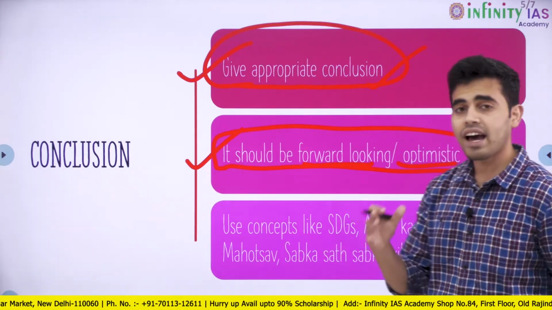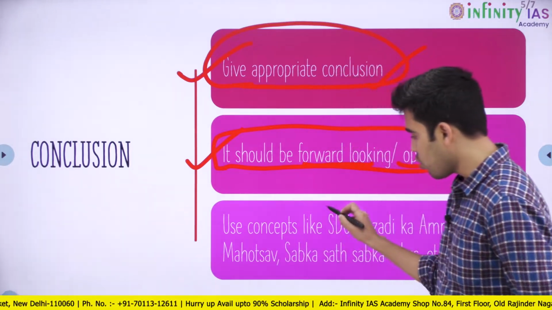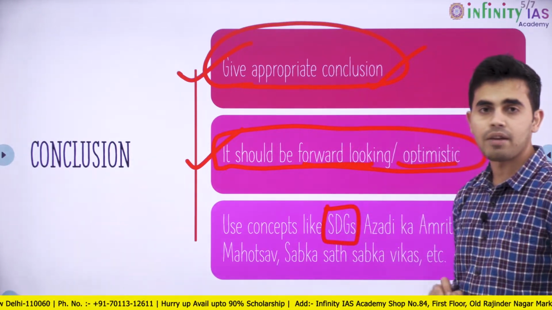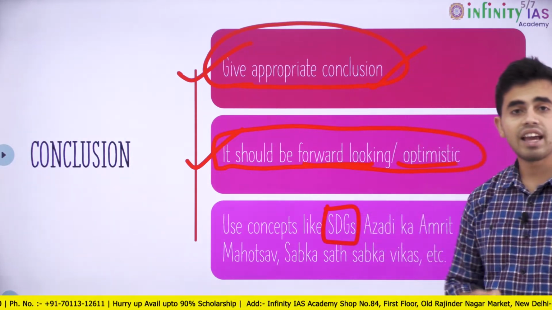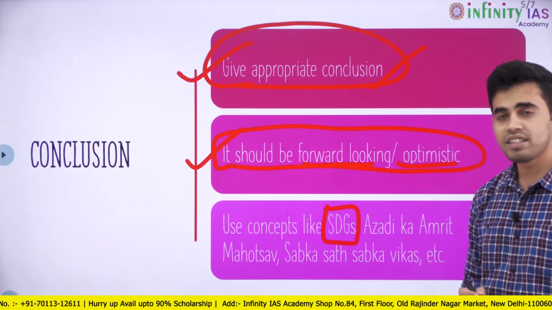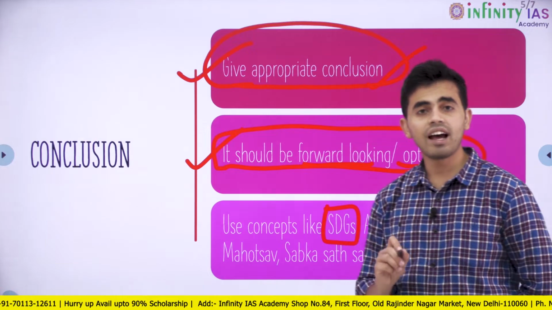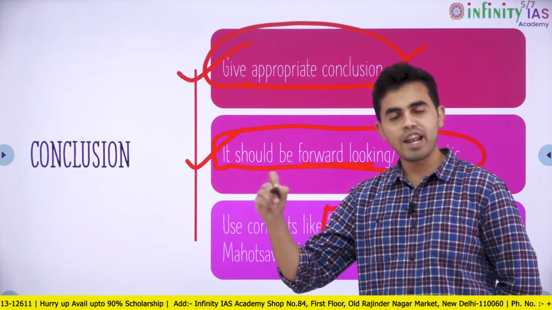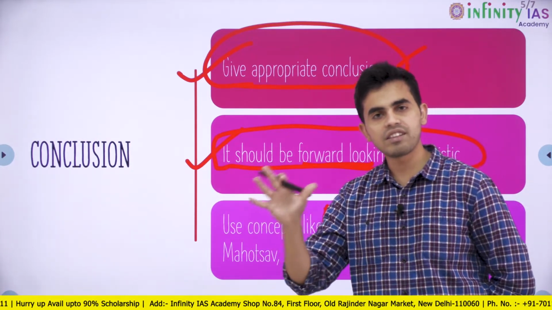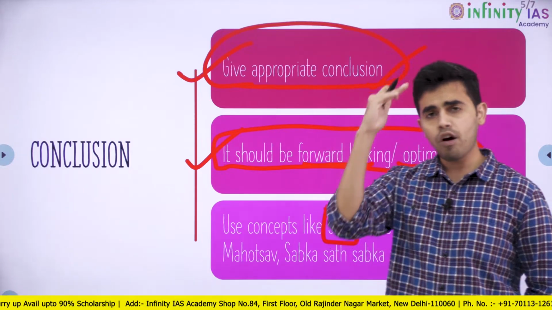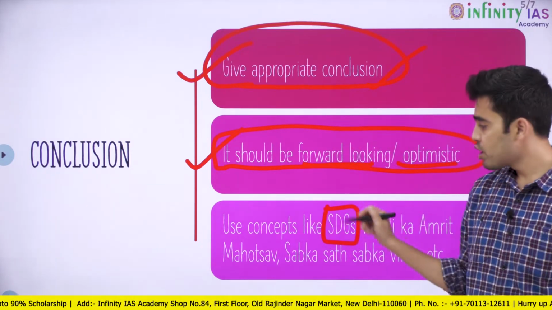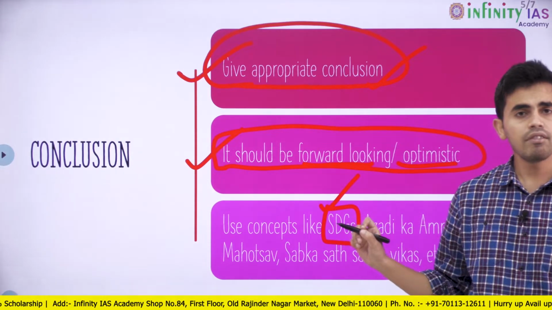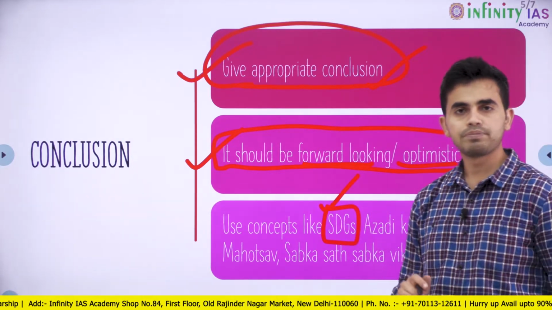For example, in the urbanization question, we can quote SDGs in this way. The above mentioned solutions can help us achieve sustainable urbanization and can help India achieve SDGs numbers. We can write the numbers related to urbanization and also the SDGs or the goals that have been mentioned in the answer. So that way it will give an optimistic solution.